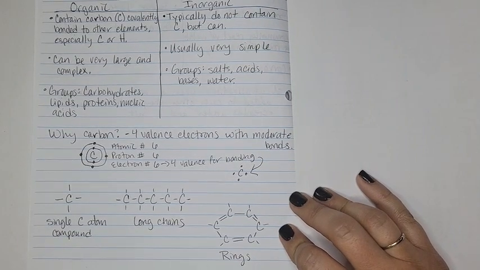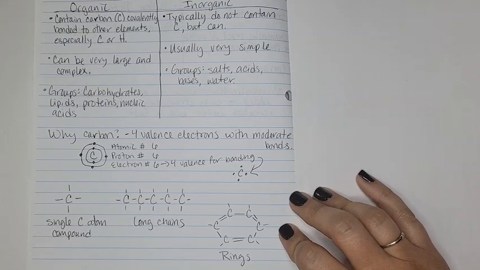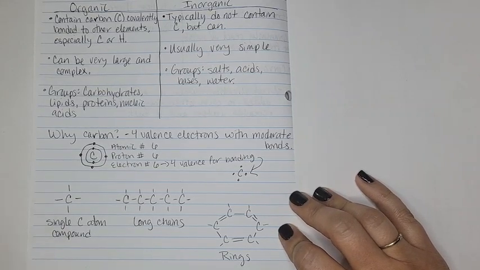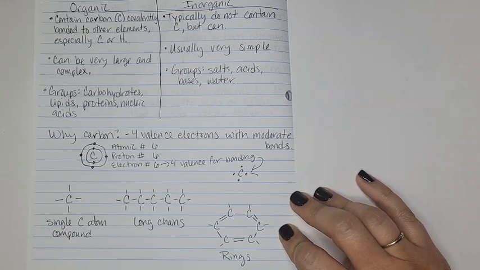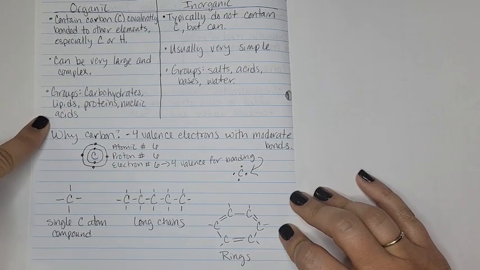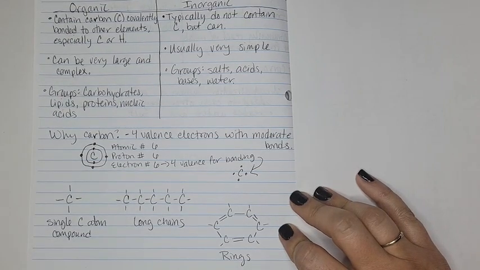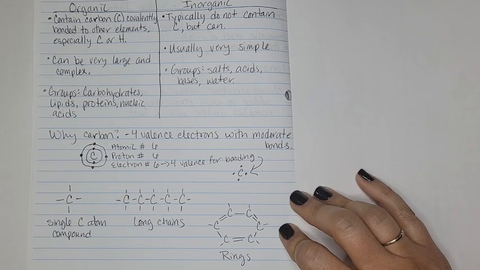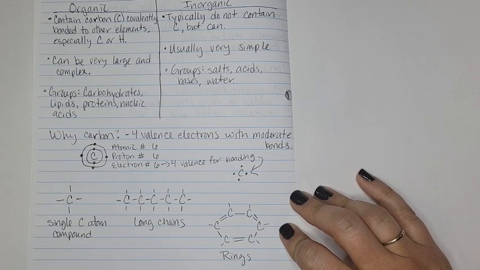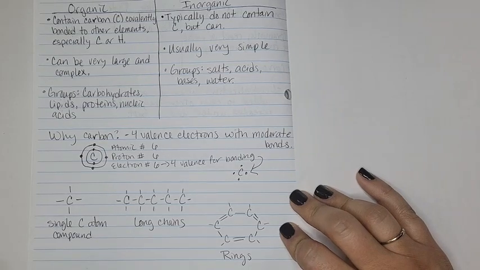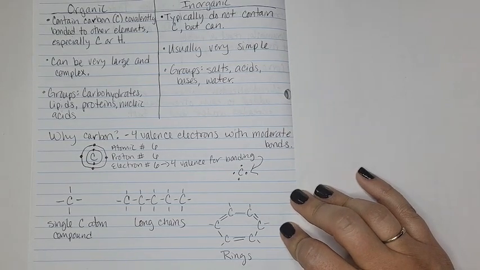So that's the basics of why carbon, but we're going to get into the actual different groups of organic. So when you're done here, pause, and then we're going to flip our notebook sideways and come back to do a graphic organizer about the macromolecules.